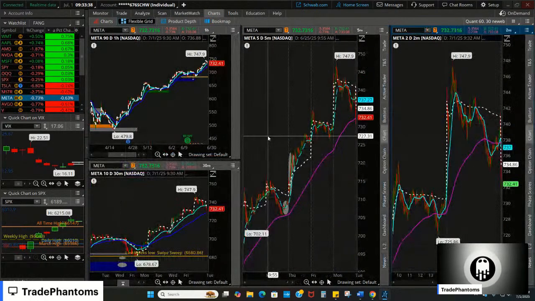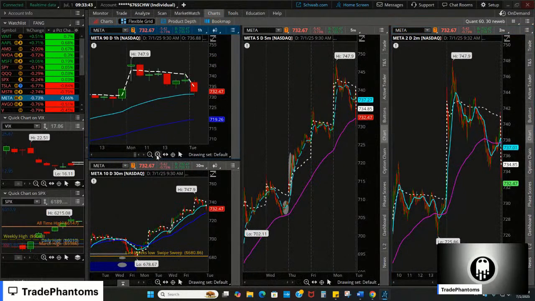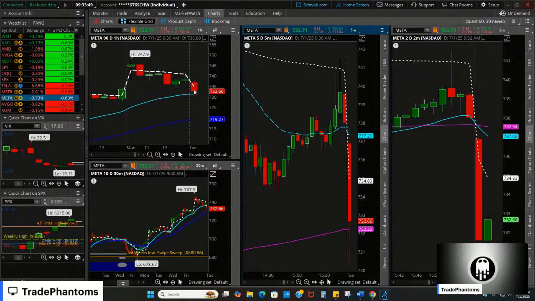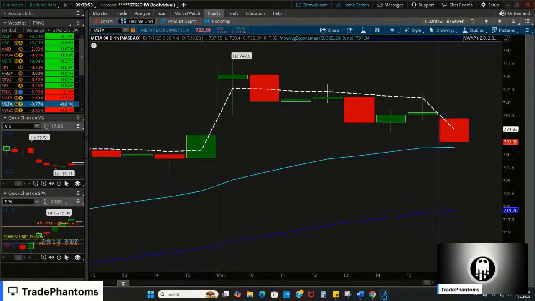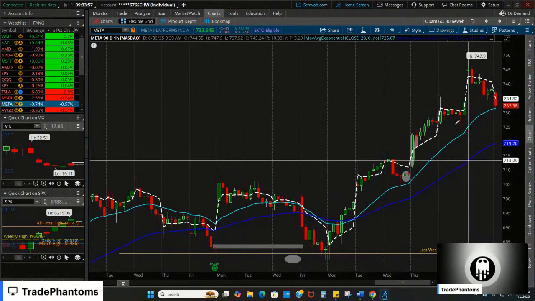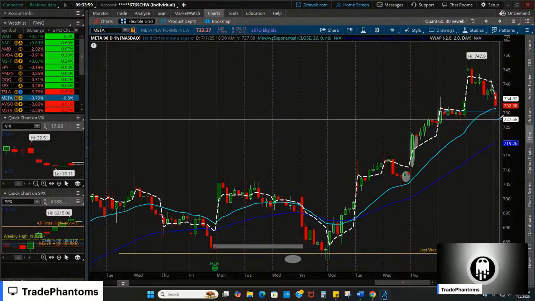Meta pulling back off its all-time high. It's coming into a level, however, on the intermediate, meta, that is.